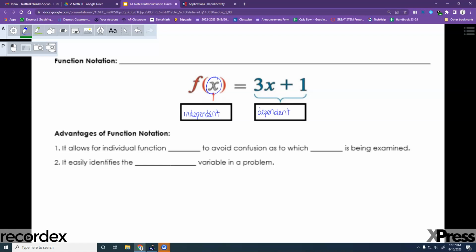Whatever letter is here is going to be the letter that you see used in the equation. It doesn't always have to be x, but x is a really common one that we use. It allows for individual function names.